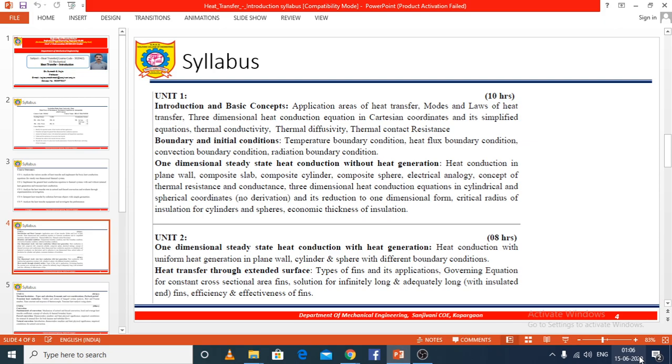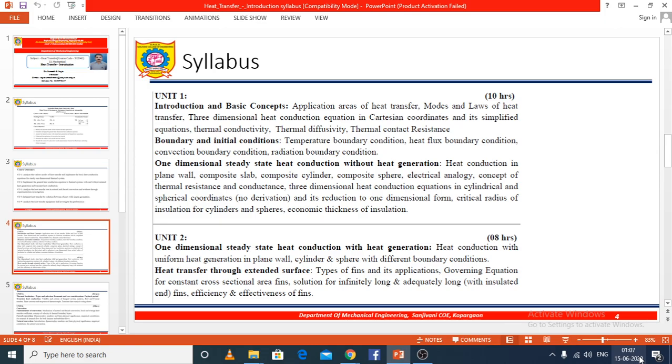In the second part of Unit 1, there are thermal boundary conditions, heat flux boundary conditions, and radiation boundary conditions. In the last part, heat conduction without heat generation in walls, slabs, cylinders, spheres, we'll study the concept of electrical analogy, the concept of thermal resistance and conductance.